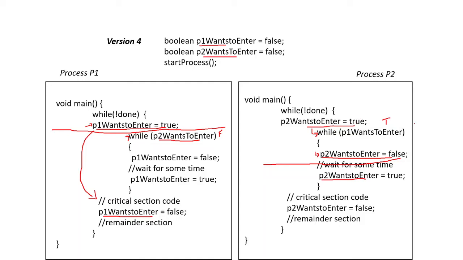The while loop now evaluates to false because P1 has finished its execution in the critical section. Now P2 enters its own critical section and executes, and then changes the value of the variable P2 wants to enter to false, and starts executing in the remainder section. So the problem of deadlock is somehow solved in this version.